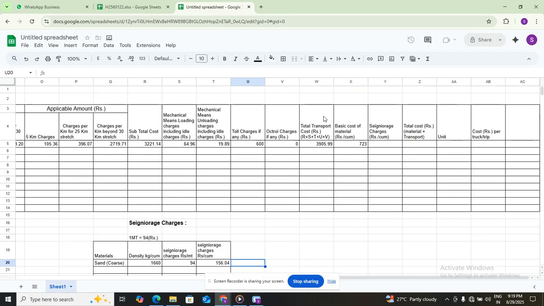And we need to use here directly 150 point. Okay, total cost, material plus transport, we need to add all.